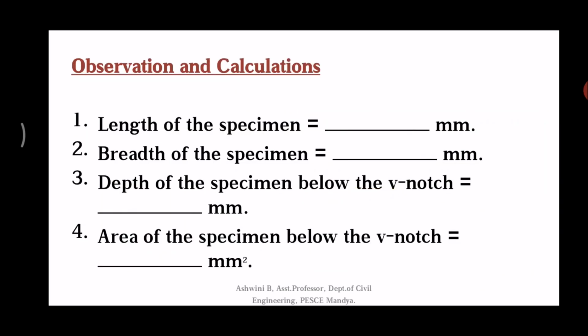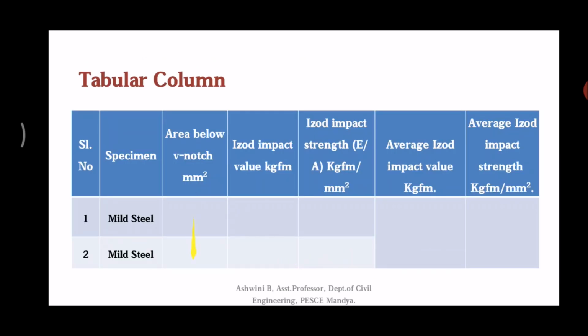So area we have calculated, that is area of the specimen below the V notch. Mention the values of the area below the V notch and observe the dial gauge reading from the impact testing machine and note down the energy in terms of kg force meter directly. Then Izod impact strength is determined by using the equation E by A, that is energy absorbed divided by area under the V notch.